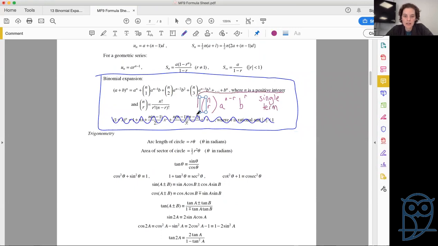This is your best friend for the binomial, because at the end of the day, you are more likely than not calculating a single term of interest. So please, please, please bear that in mind.